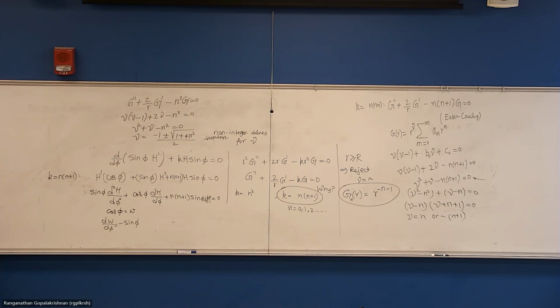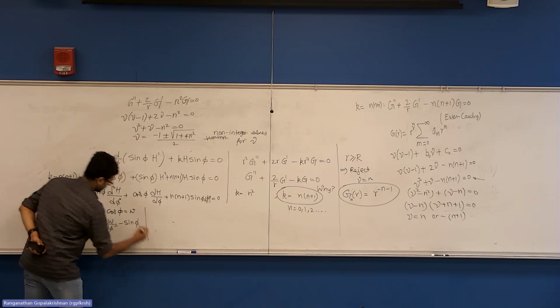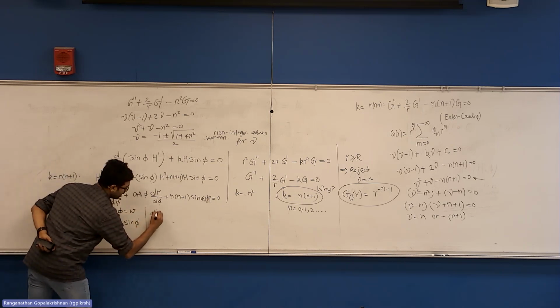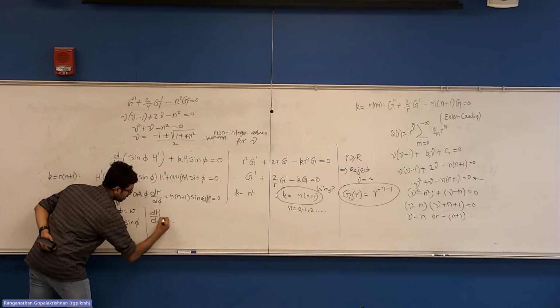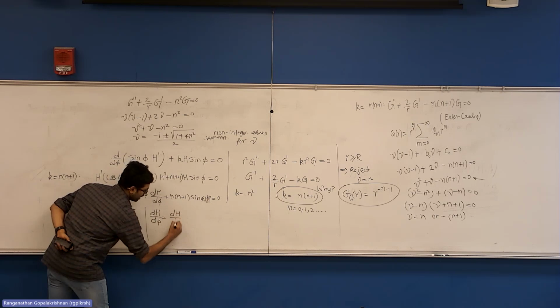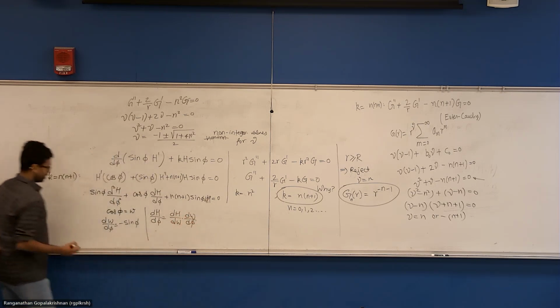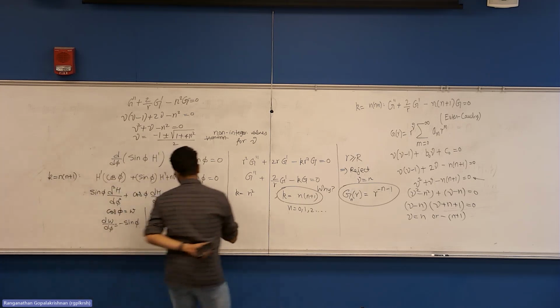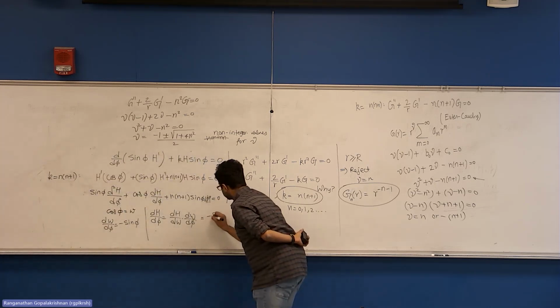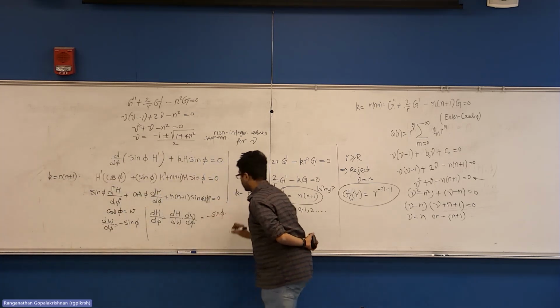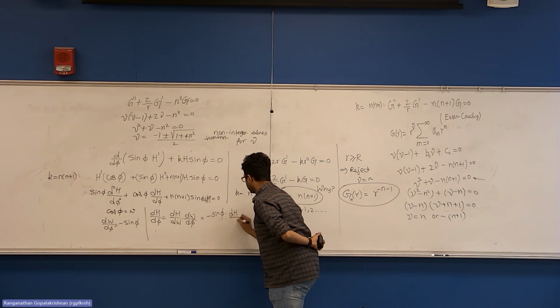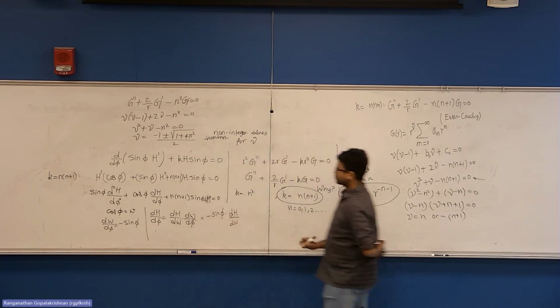And if you want to get dh over d phi, this is dh over dw times dw over d phi, which is minus sin phi times dh over dw.